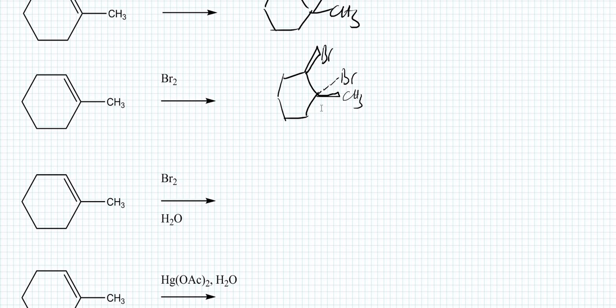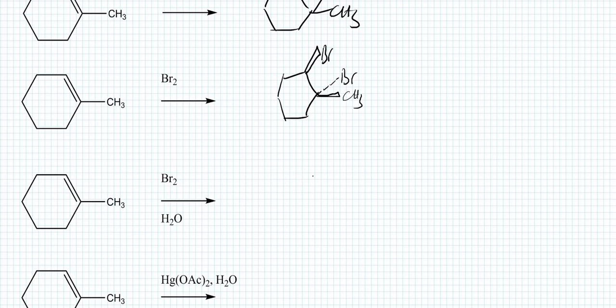And one part will be Br, one part will be OH, but let's decide which one will be OH and which side will be Br, because this is not a symmetric alkene. We have to write the major product, which is going to be the more stable product.